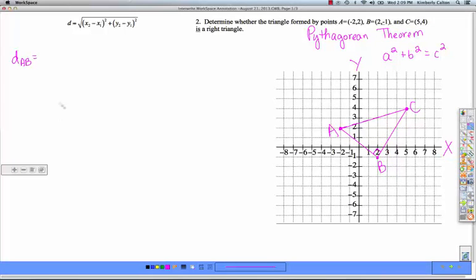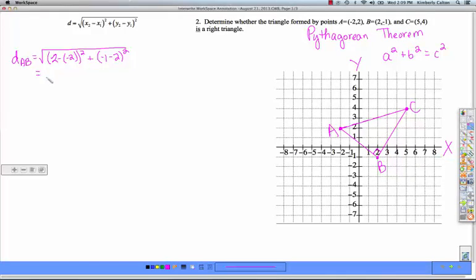And distance AB is going to be the square root. Remember, we're using these two values, so we're going to do x2, so 2 minus negative 2 squared, plus negative 1 minus 2 squared.